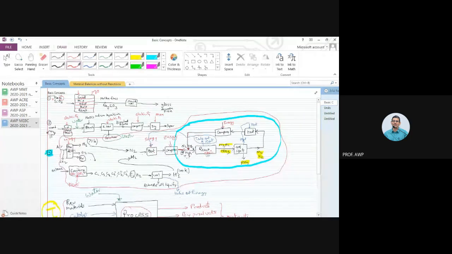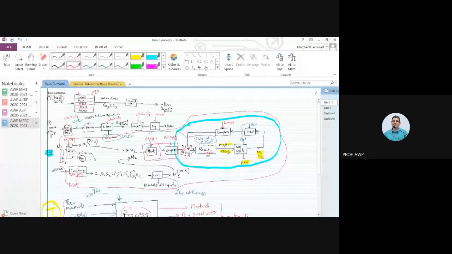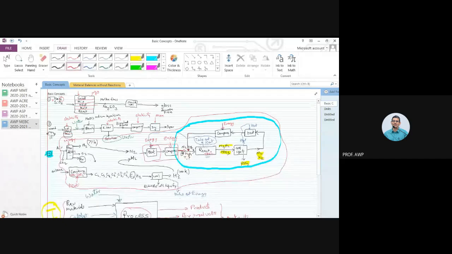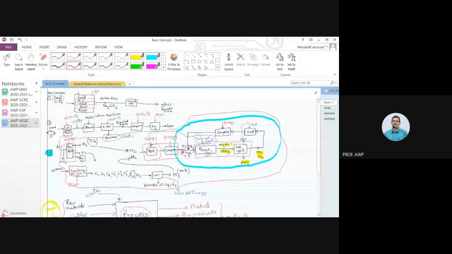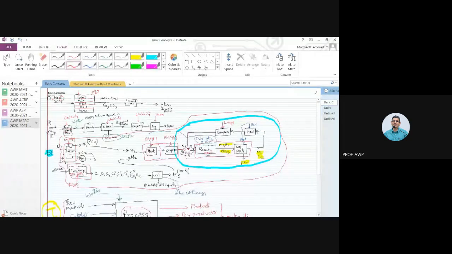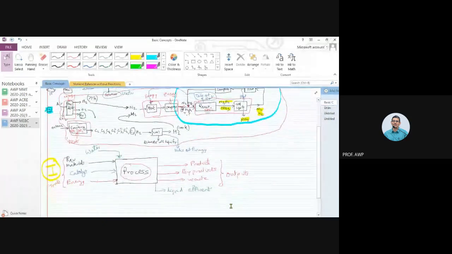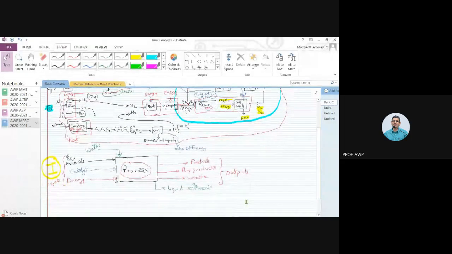or you can say heating is my process, or heating and compression is my process, reaction and cooling is my process, or fractional distillation is my process, or cracking is my process. So the cracking process itself will involve so many steps, isn't it? So we try to look at each of these individual elements of the process.